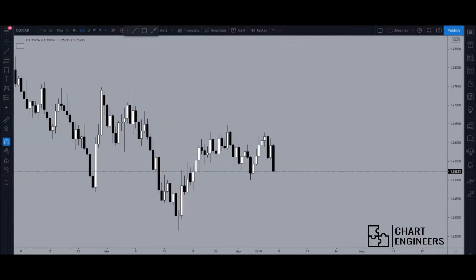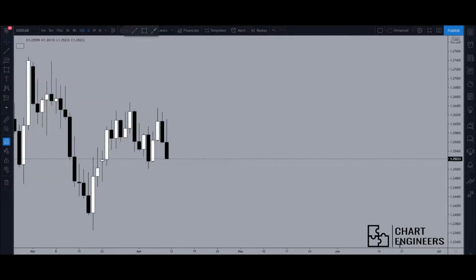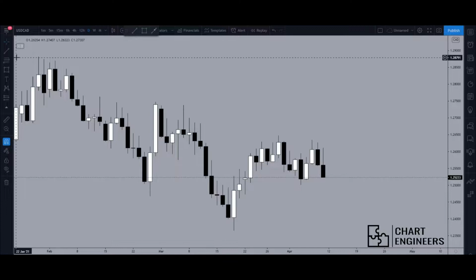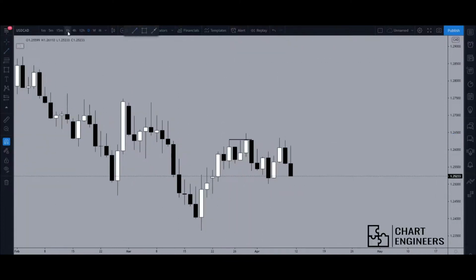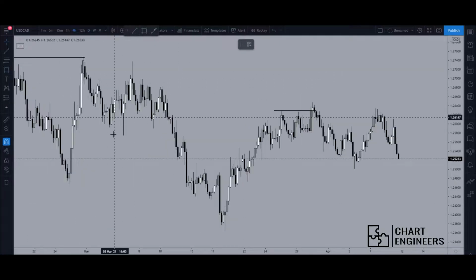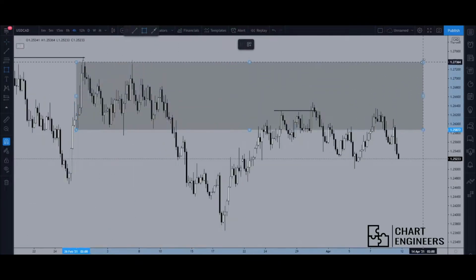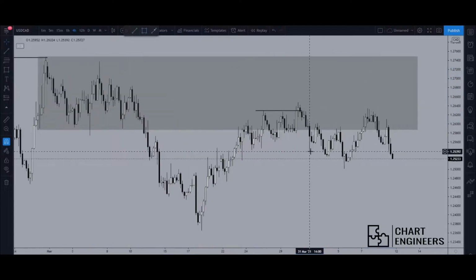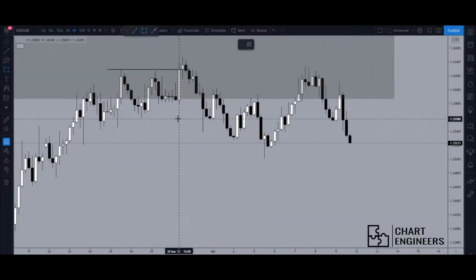So last week was the 5th, we did have this daily sweep above, and then if I go to the 4 hour, actually we did have this sweep up here, and then on the 4 hour we have our breaker zone here, and then we have another 4 hour breaker zone right here.